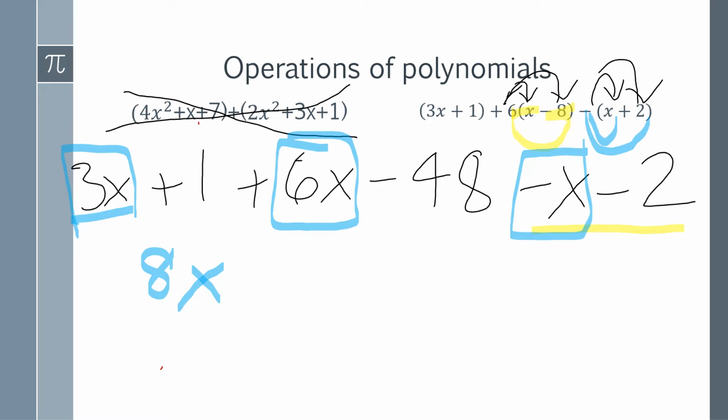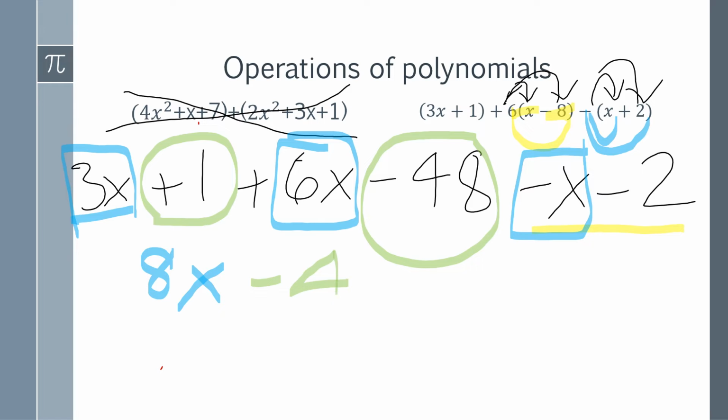So let's do the other one with all of the coefficients. I've got 1 minus 48, which is negative 47, minus a negative 2, that's negative 49. And that's your answer to that one.